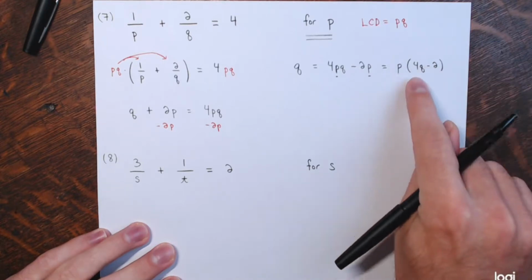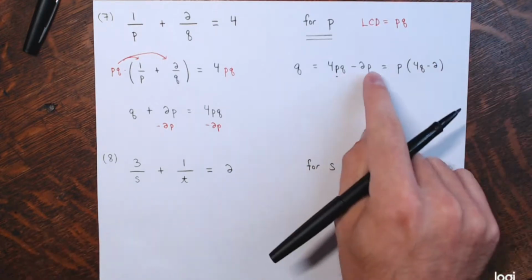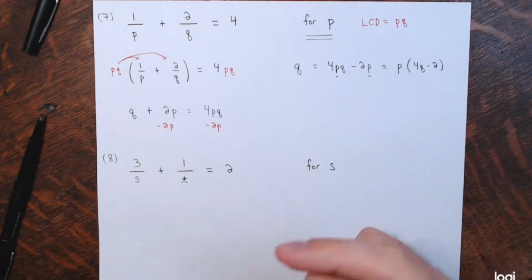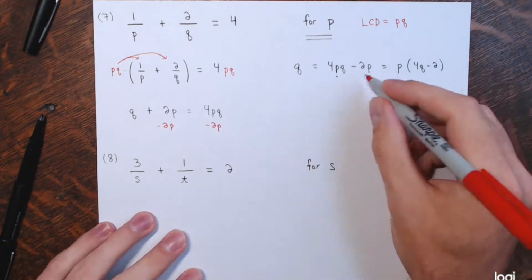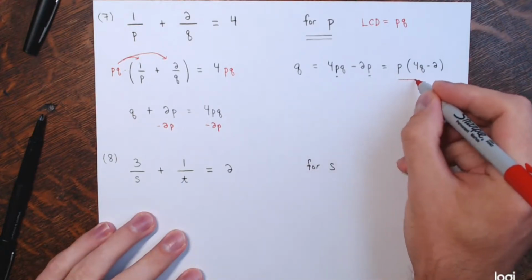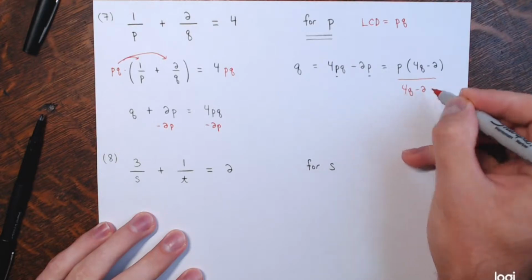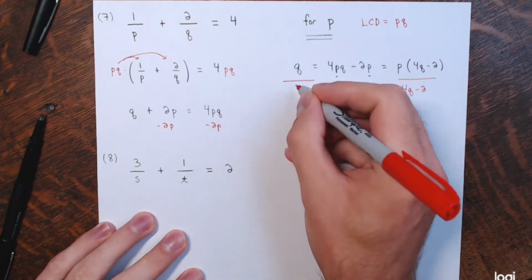And then to get p alone, again, after you get all the terms with the variable on one side of these linear equations, you should have to just do some maybe factoring and then division. I'm dividing both sides by this 4q minus 2 factor.